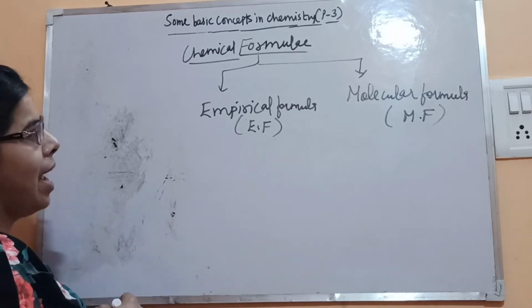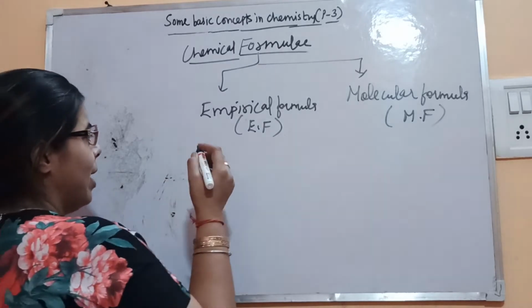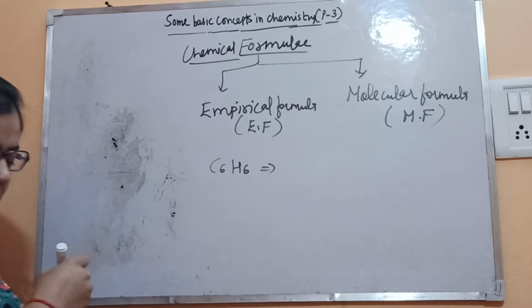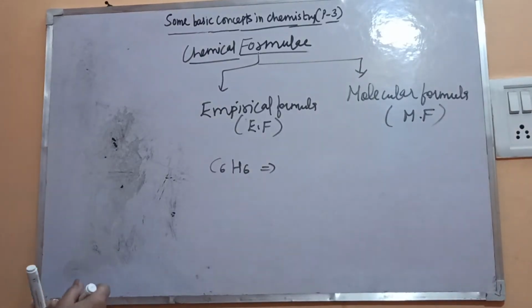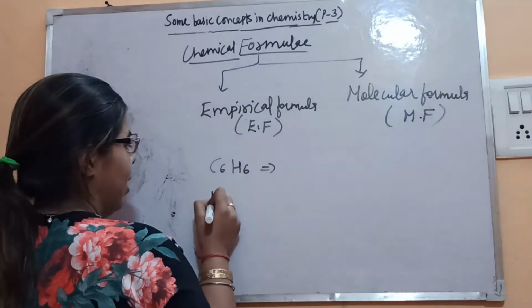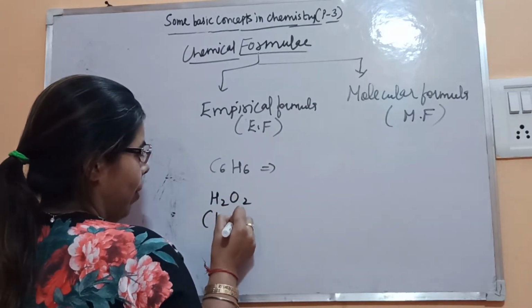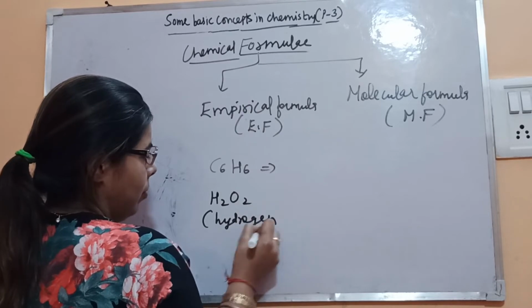Okay, so let's understand. For example, if I consider benzene, all of you know what benzene is. C6H6. Fine. If I take H2O2, it's hydrogen peroxide.